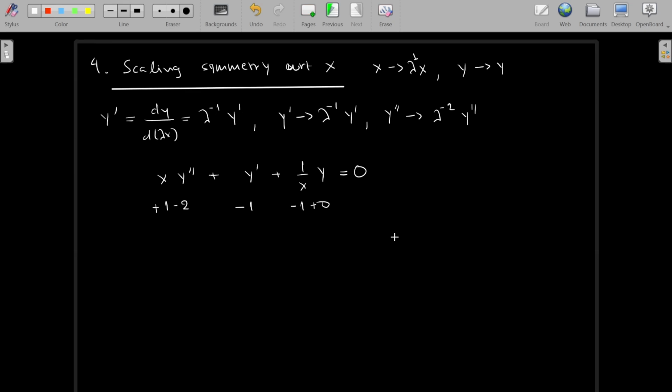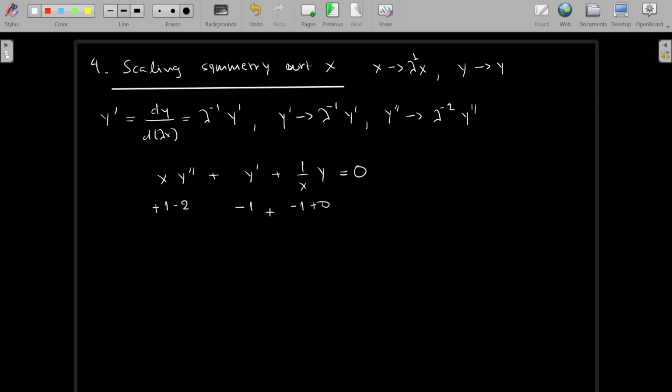Now, we're going to need a variable change. Remember before when we were talking about the scaling symmetry with respect to y, what we did was we chose a variable change where we could go back and use the shifting symmetry with respect to y. This is exactly what we're going to do here.